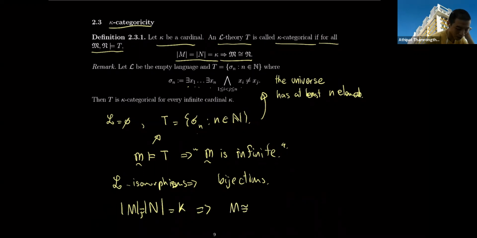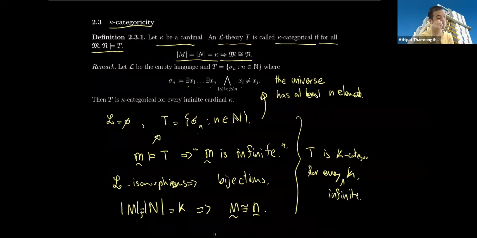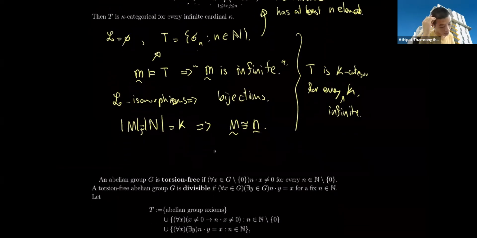So in this case, you're going to get that M is isomorphic to N. Right. So we can say that in this case, this theory is kappa categorical for every infinite cardinal kappa. Okay, so that's our first example. So you have an example of a theory T that is kappa categorical for every kappa.